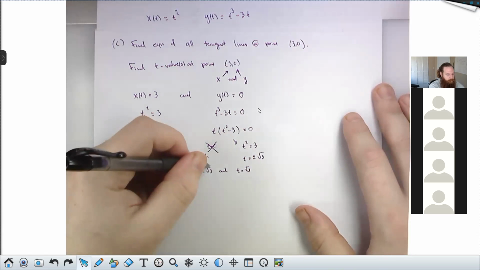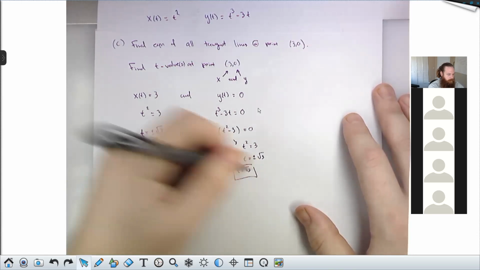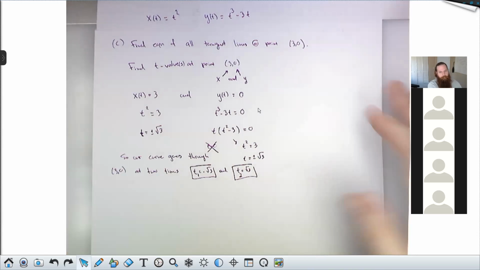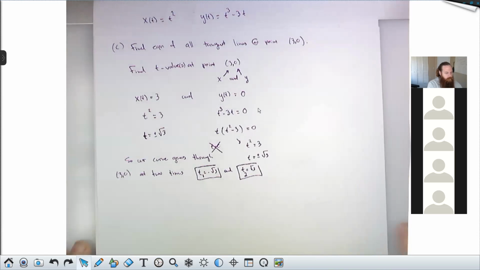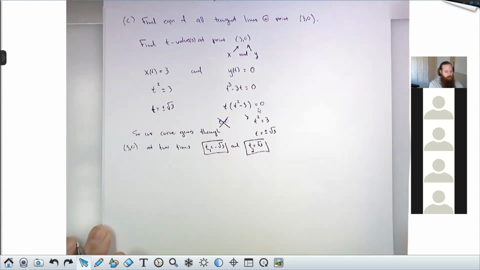So these are my two times. Maybe I'll call this t1 and call this t2. So I'm going to find two tangent lines. I'm going to find the tangent line associated with t1 and the tangent line associated with t2.